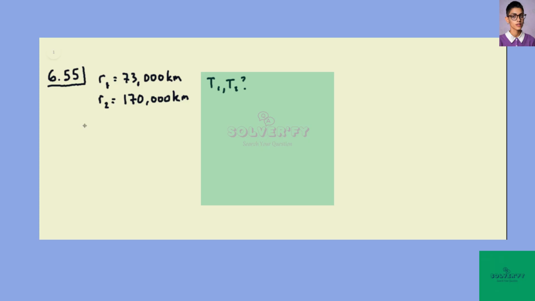So to find the orbital period of something, we can start off by using two expressions for what its speed has to be.